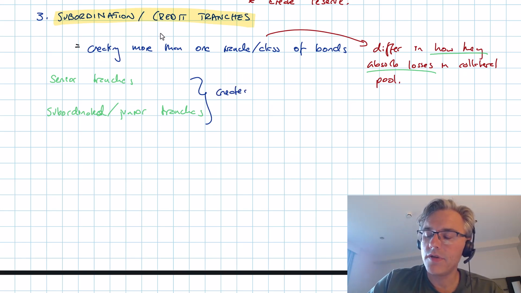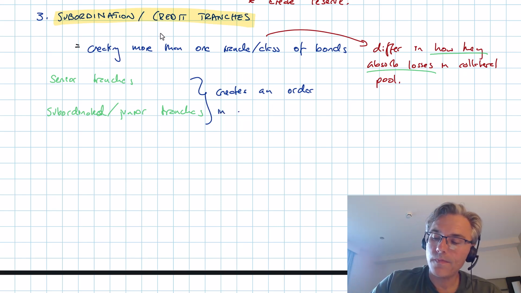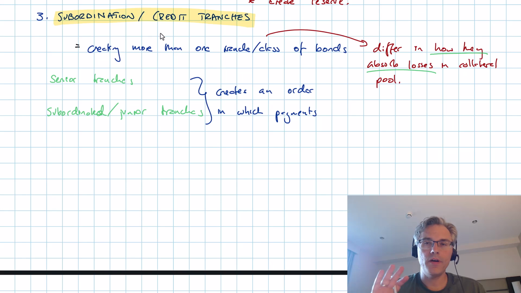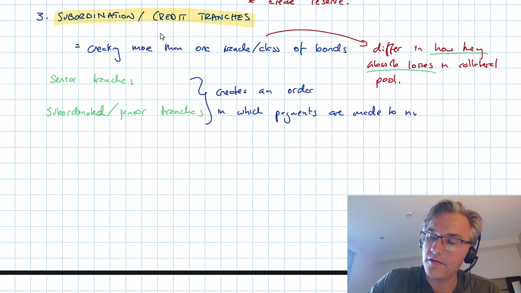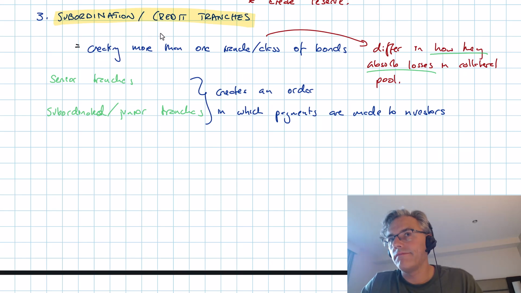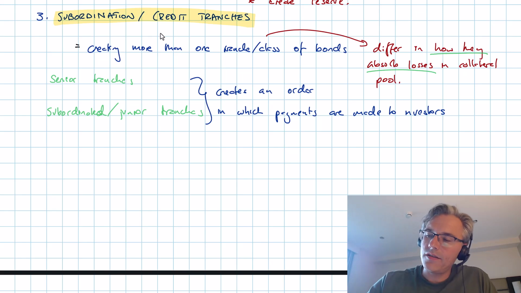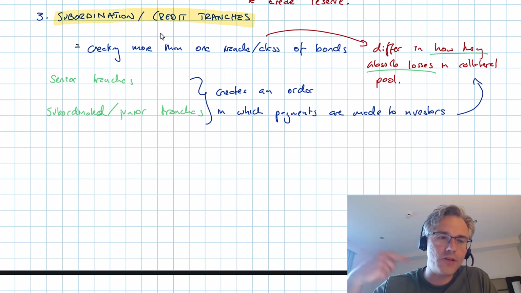This split creates an order with which, or in which, any payments from the collateral pool are passed on and made to investors holding the different classes, in which payments are made to investors, and as a result, it also creates a hierarchy according to which losses are absorbed.